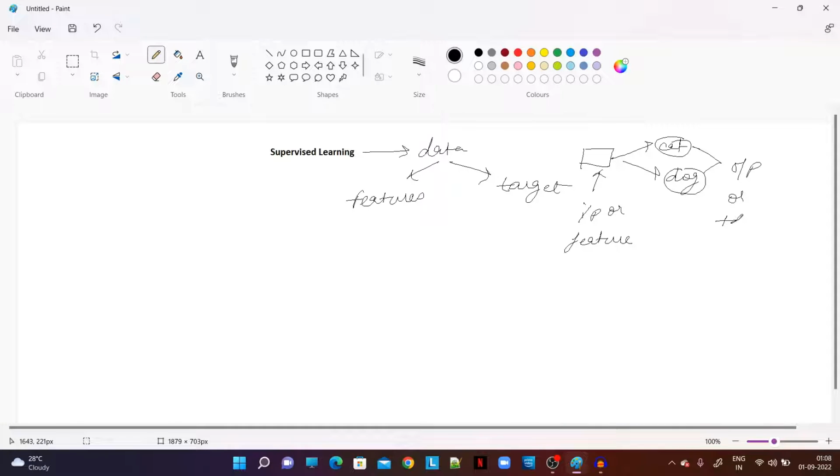Whenever you are provided a training data, you will require training data in order to train your algorithm. If your training data consists of both features and also the targets, that is, suppose you have 1000 images, and for all those images you know what each individual image is, so you know the 1000 labels for each image as well, that is, all your data is labeled, then this whole system is known as a supervised system.